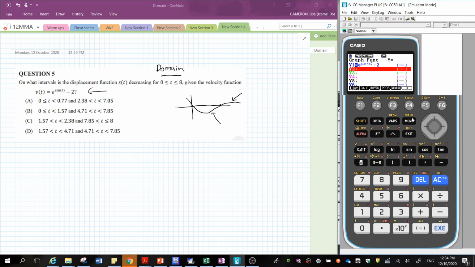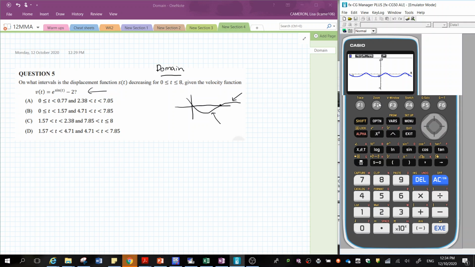Now I'm going to go shift, setup, sorry. Then I'm going to go down to where it says angle, and I'm going to change my angle to radian. Now I'm going to execute that, and now that I've done that, I'm going to draw it.